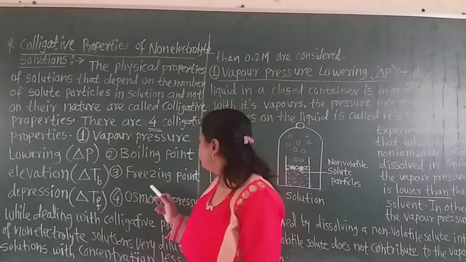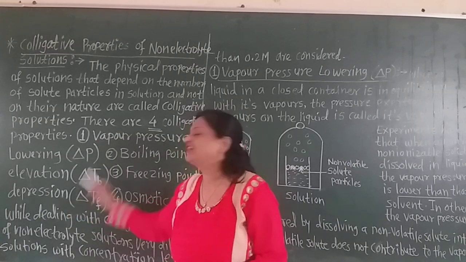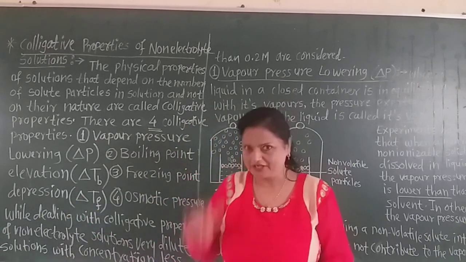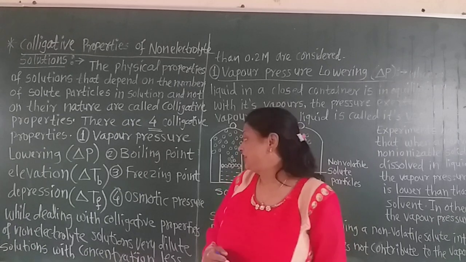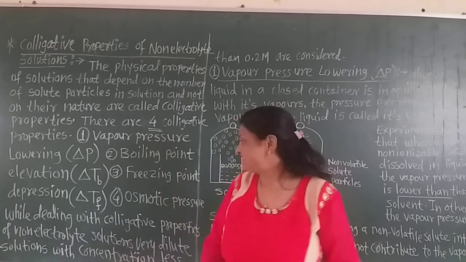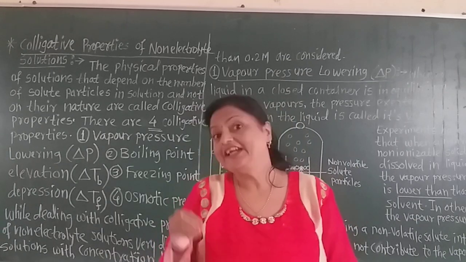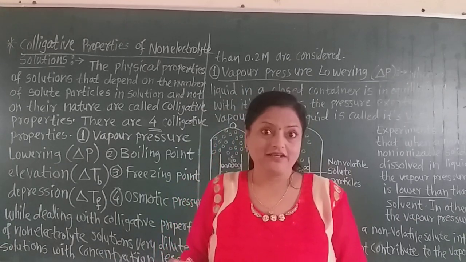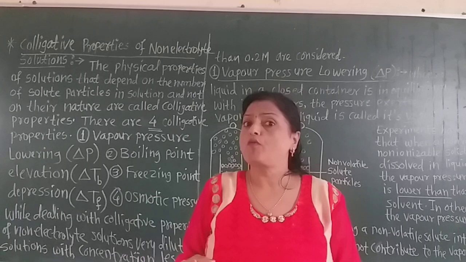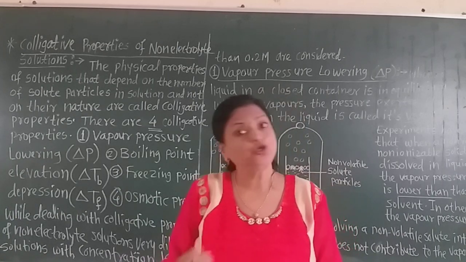Now the third one is the freezing point depression. Depression means lowering or decreasing. The freezing point decreases when we add the solute into the solvent. Suppose the freezing point of water is 0 degrees centigrade. We know that.